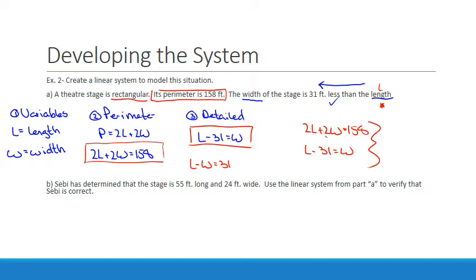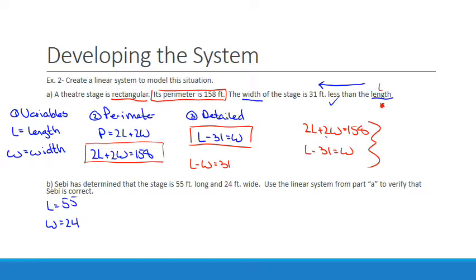B says Sebi has determined that the stage is 55 feet long and 24 feet wide. Use the linear system from part A to verify that he is correct. Okay, so all we're trying to do is just check. So the length is 55 and the width is 24.